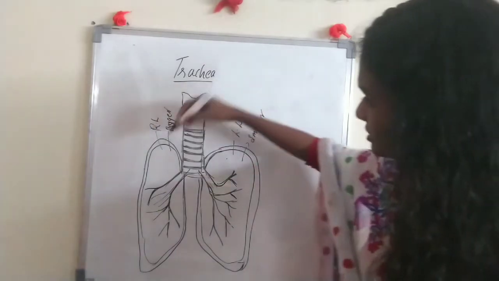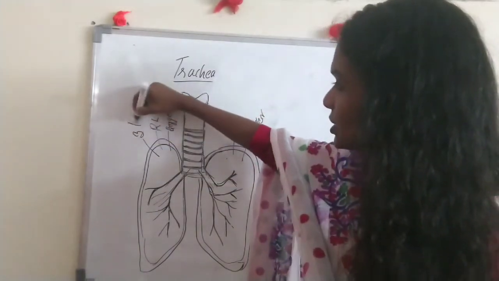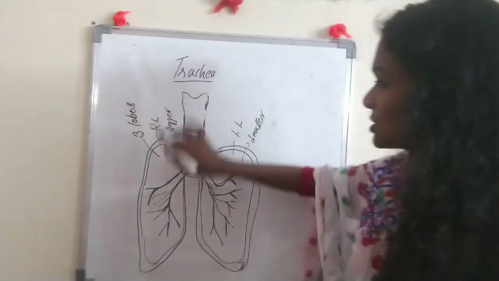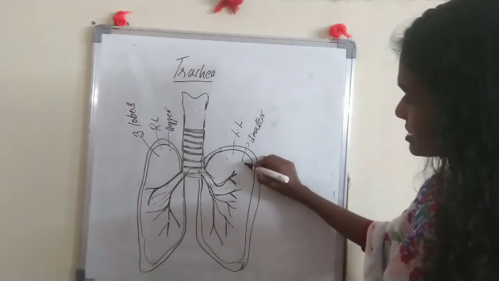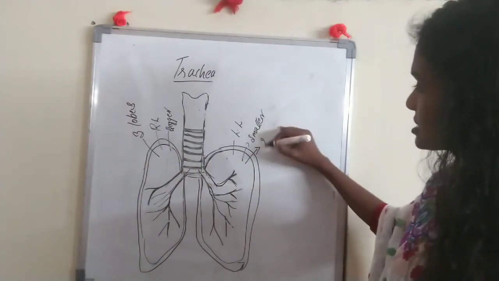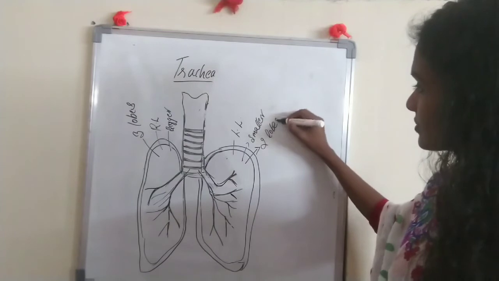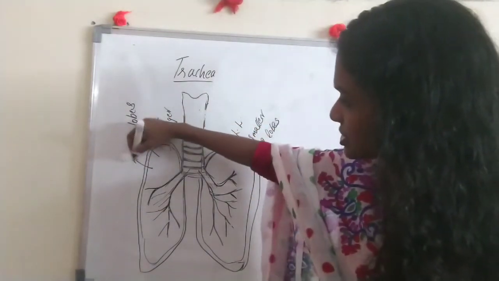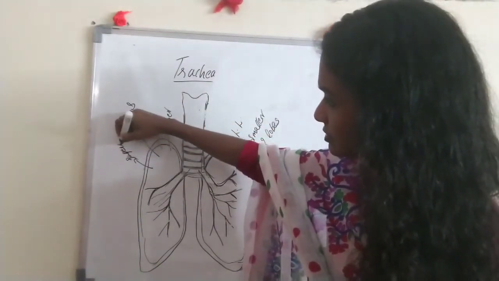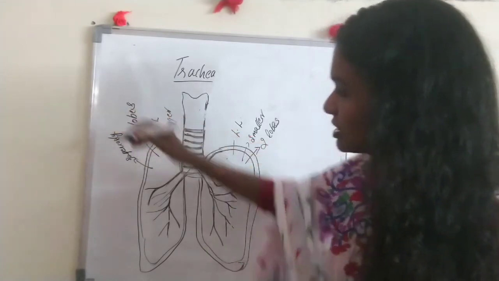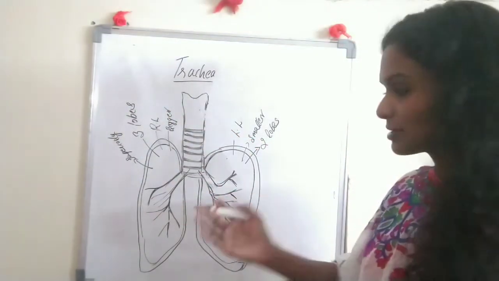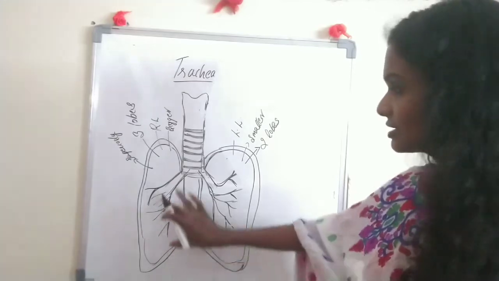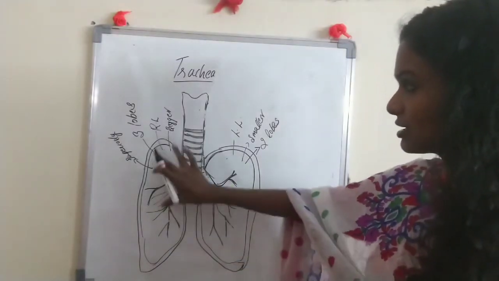And another thing, it has three lobes. Okay, so it has three lobes, whereas the left lung has two lobes. And it is located a little bit superiorly. Okay, a little bit upward, because due to the presence of the liver on the right side, this lung is situated superiorly.